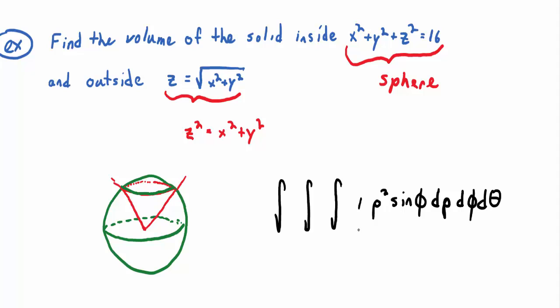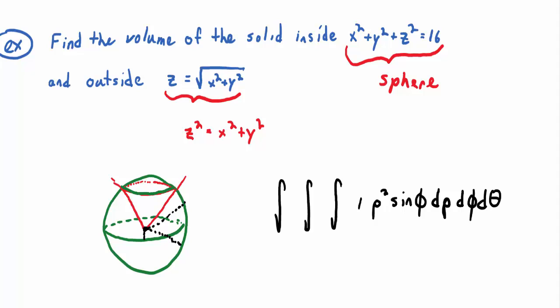And now, to get your limits of integration, you have to think, what does rho run between? Okay, so rho, if you're looking at the volume inside the sphere surrounding the cone, is it radially simple? Will I hit the same surface every time if I draw a radius in space? Will I hit the sphere?